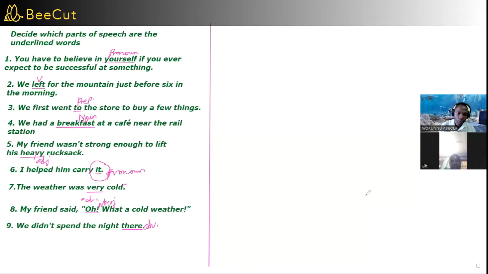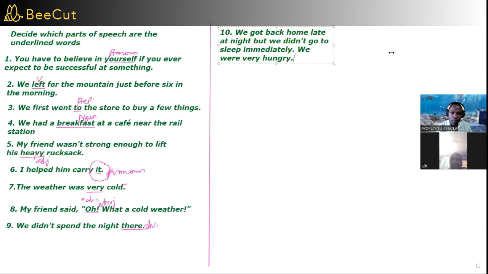And the last one, but not the least, number 10. We got back home late at night, but we didn't go to sleep immediately.